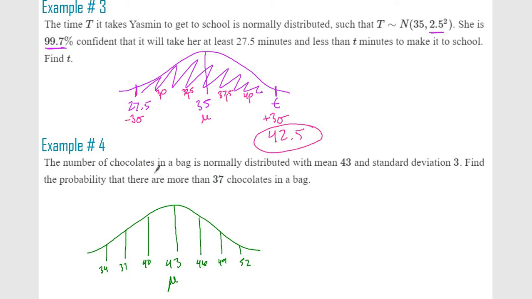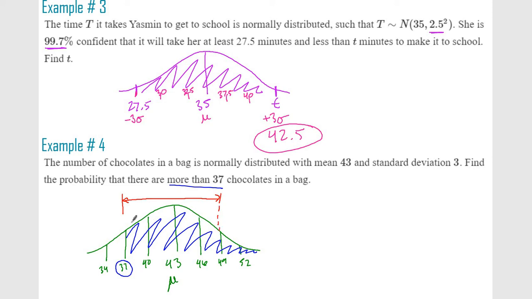We want to know the probability that there are more than 37 chocolates in the bag. Okay, well, 37 chocolates in the bag, more than 37. So 37 is here. We want to have more. Okay. So let's think about what that means. You should know that within 2 standard deviations, right?